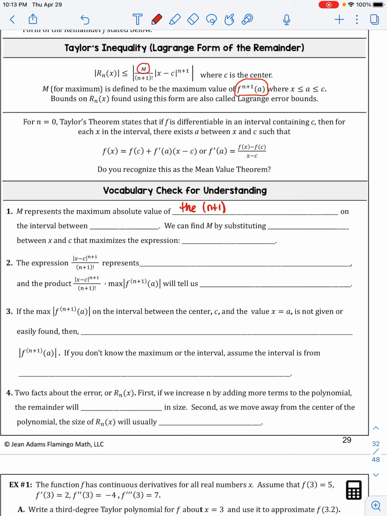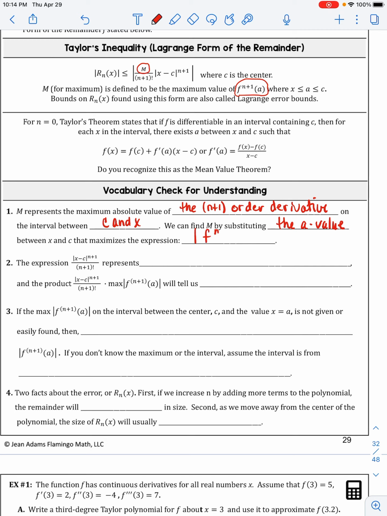So now, vocabulary check for understanding. M represents the maximum absolute value of the n plus 1 order derivative. So the maximum value of the n plus first order derivative on the interval between c and x.